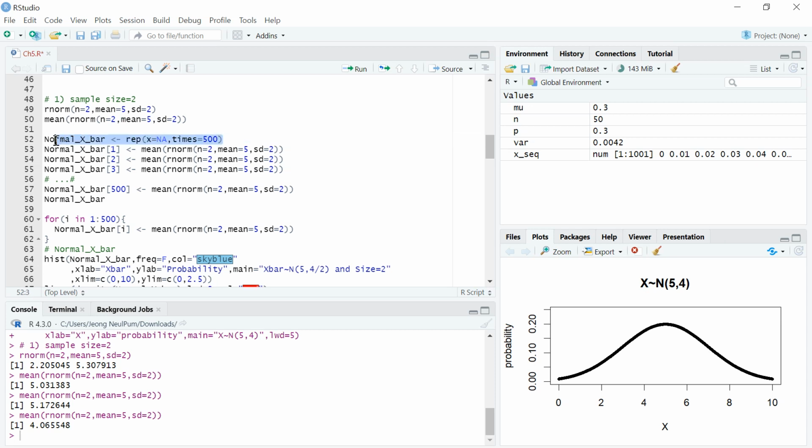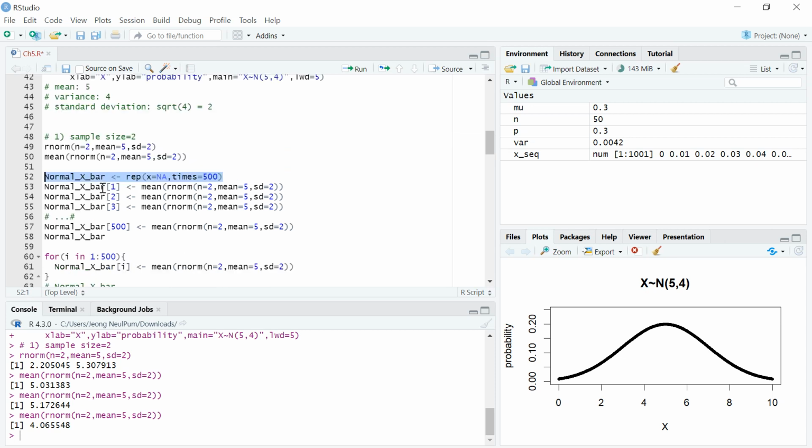This is the code for making an empty vector whose name is normal x bar. We are going to store all the sample means in this vector. It has NA, the empty value, and we are going to make a vector which has 500 empty values.